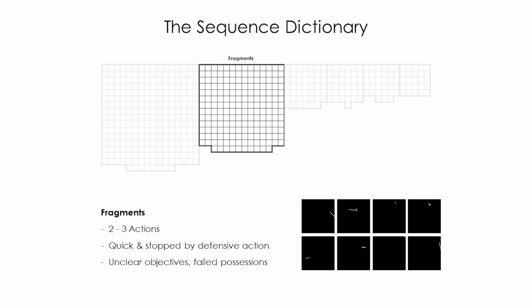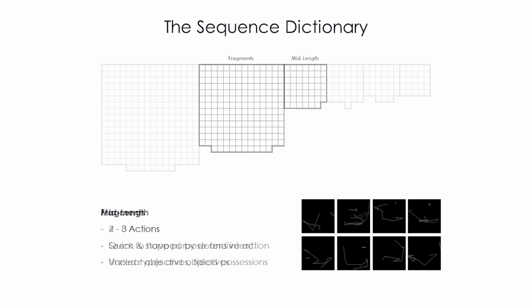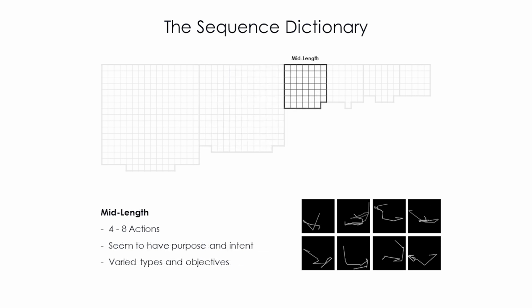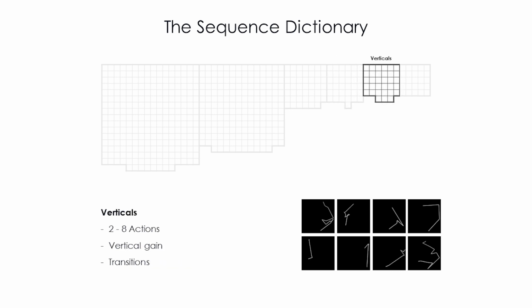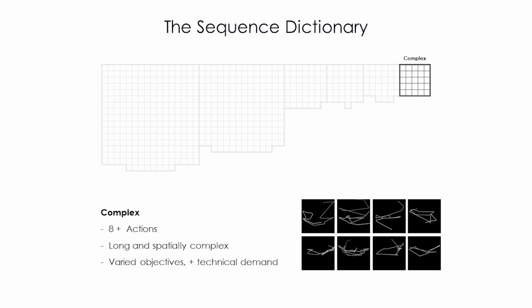It's unclear what the objectives of these sequences are. And then mid-length, 4 to 8, which seems to have a purpose and intent, with varying types and objectives. Then direct, just kind of long ball football. Verticals, where there's a decent vertical gain. And then complex sequences, which have a high technical demand.